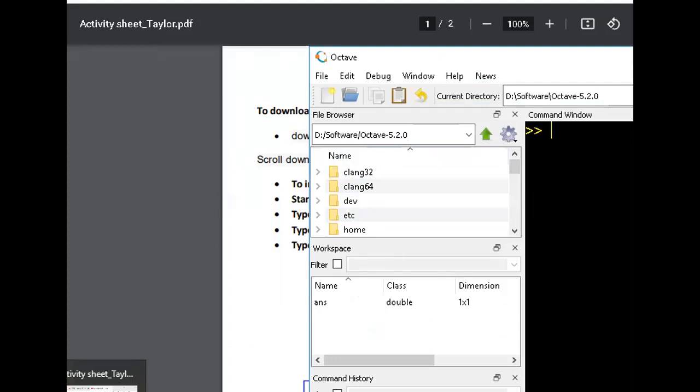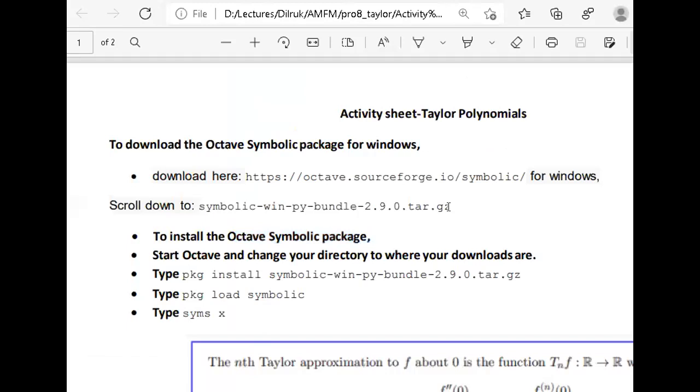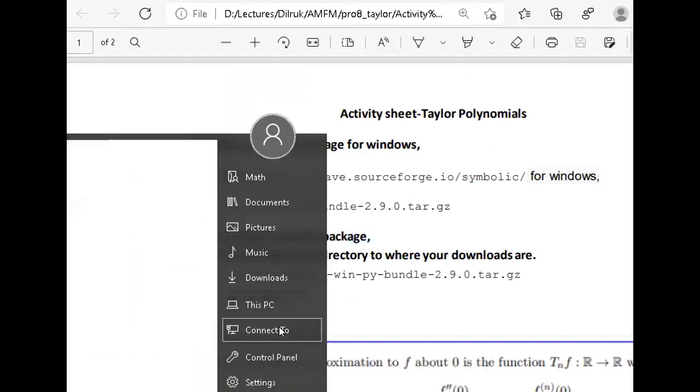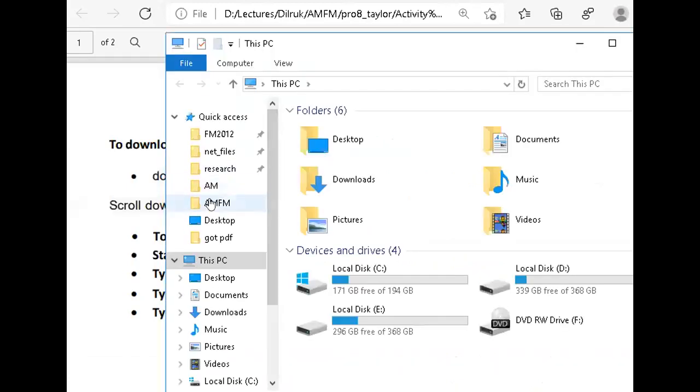Then after downloading that, you don't need to change the name. I'm not sure, but I didn't change the name. I copied the name.